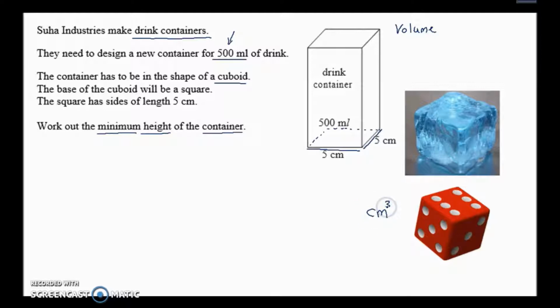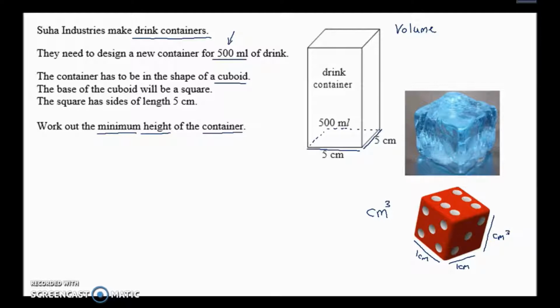And I always think of centimetres cubed like a dice. It's like a dice because it's a cube shape, and if you imagine a dice that is 1 centimetre in every direction, that's how much space a centimetre cubed is.